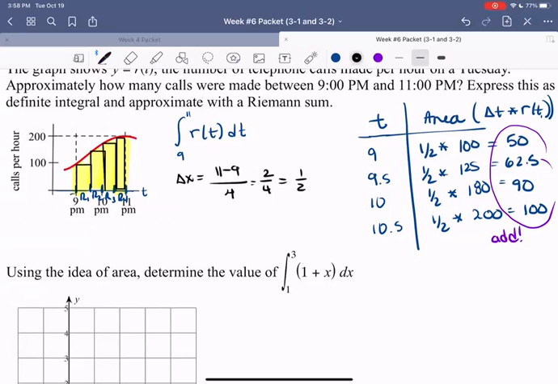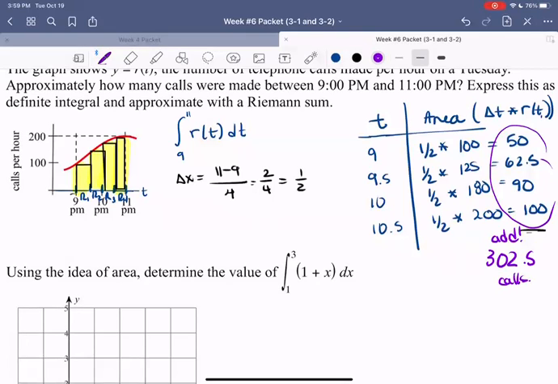And when we do that, we can consult our calculator or just add up each place value here. So go ahead and pause the video and add those up. And when you do that, you should be getting something around 302.5. And that for us is going to be calls.